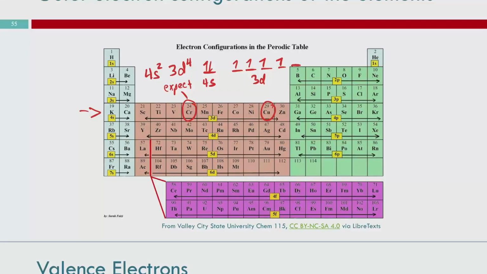That's what our orbital diagram would look like. So notice how we've got a paired up 4s, and in our 3d we've got 4 electrons that all have upspin. They're all in sync. It would be really, really nice if we had all 5 that were in sync. And that's actually what happens.